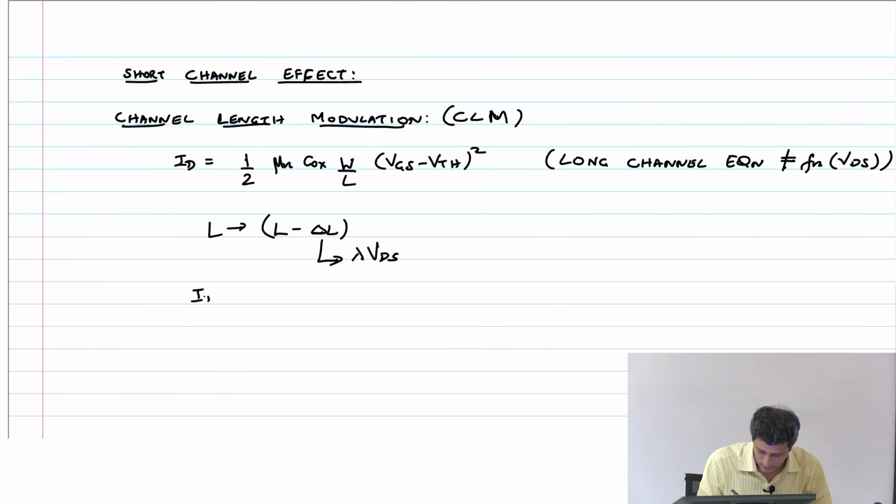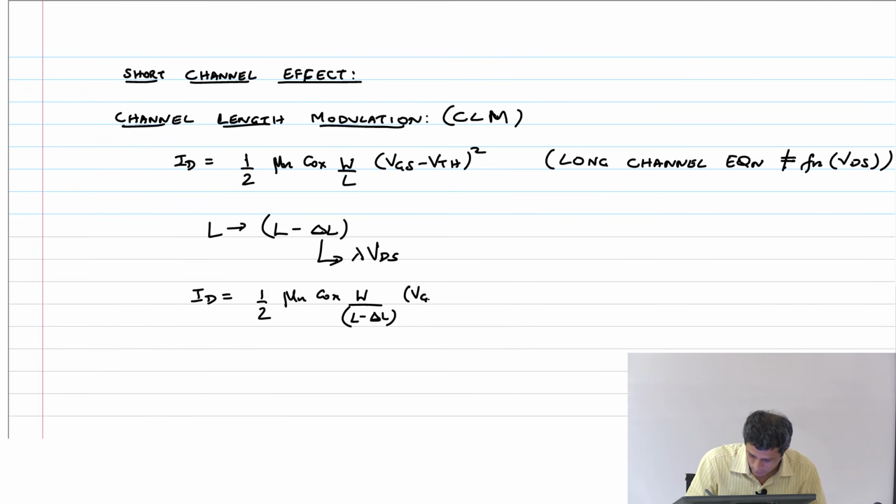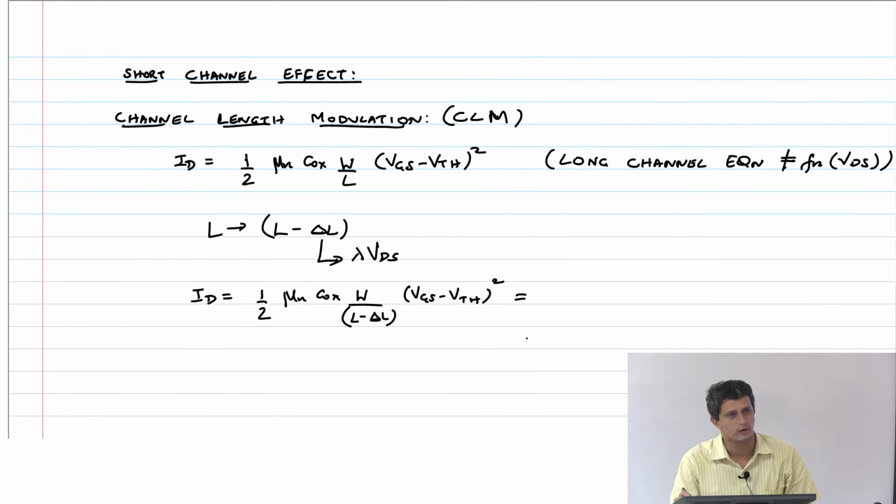So I will now replace my ID as half mu n Cox W by (L minus delta L), right? And in fact I will correct this a little bit more accurately now, (VGS minus VTH) the whole squared. Okay, so I will do binomial approximation on the denominator, take L out, 1 by (1 minus delta L by L), I will write it as 1 plus delta L by L, right?